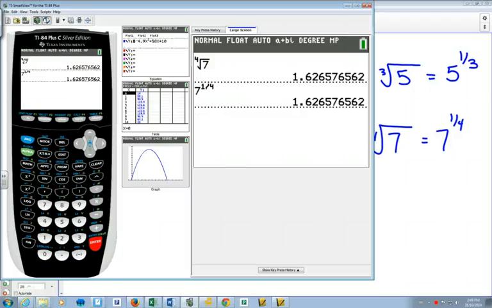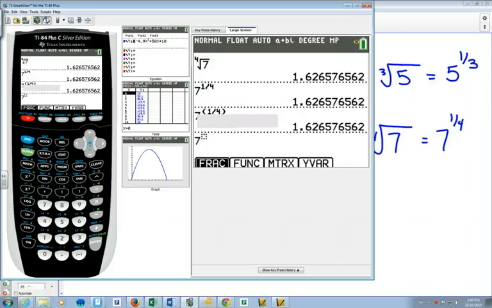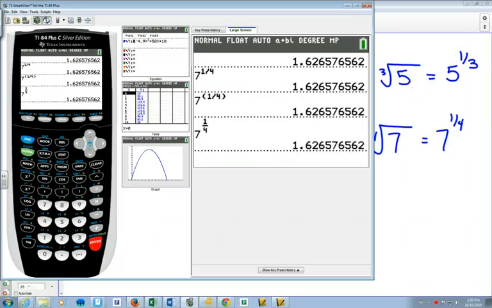If you have an older calculator that doesn't actually move those values up, you'll have to do 7 to the power, and you'll have to put the 1 divided by 4 in brackets, not 14. Whoa, it still didn't get my divided by 4. Okay? If you wanted, you could also put things into fractions, 7 to the power 1/4 that way. You get the same answer.